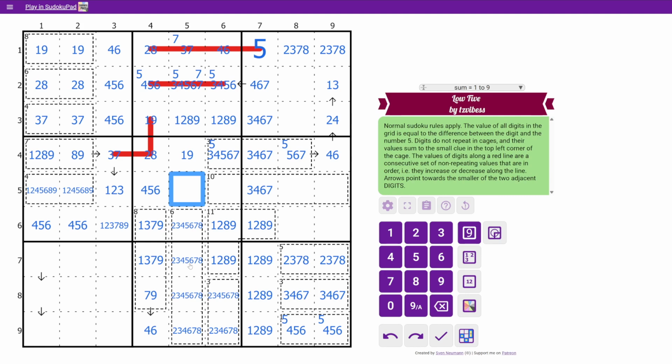So it has to have a 5 in it. This cannot be 5. It must have a 5. It's 1, 2, 3, 0. So it cannot have, okay. It must be 1, 2, 3, 0. The other 2 is going to be here.